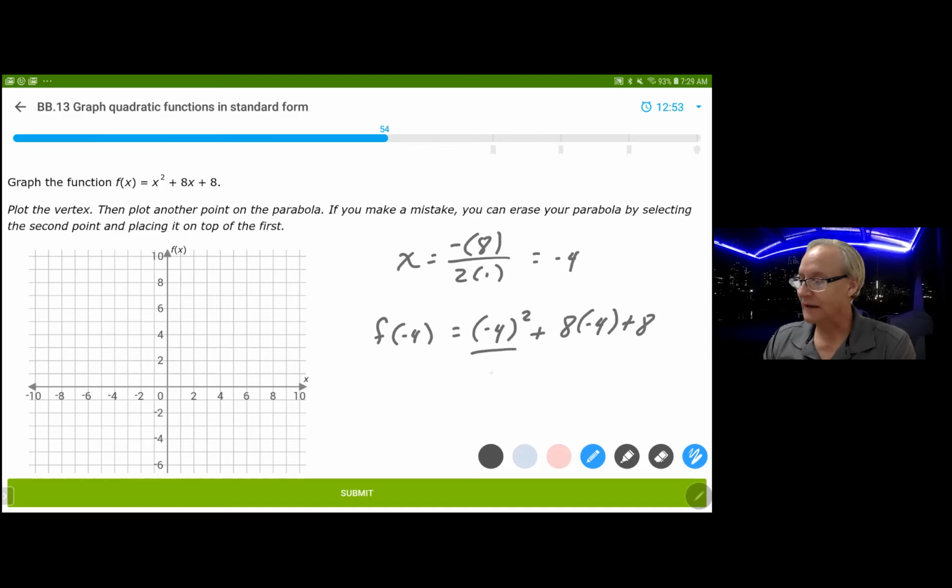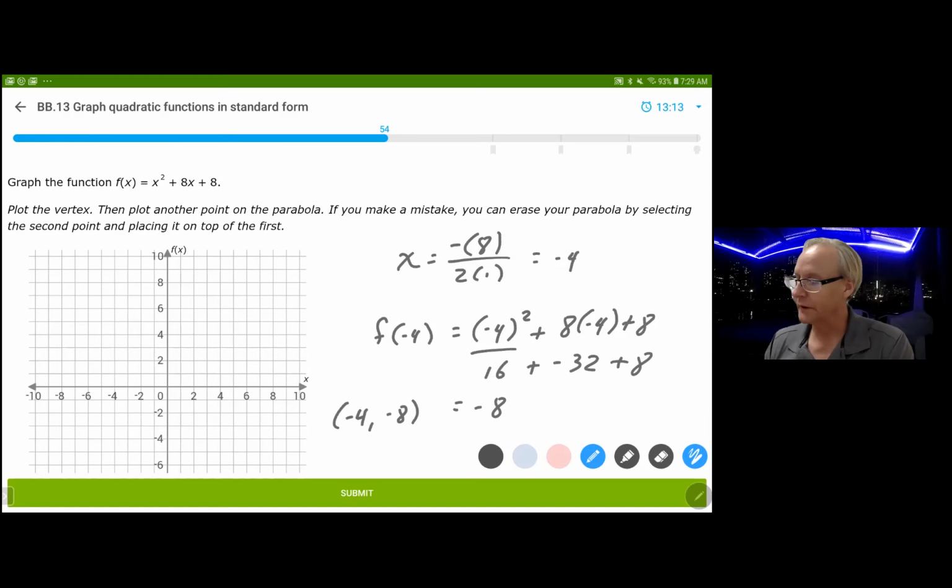That's going to be positive 16 plus negative 32 plus 8. So that's going to be negative 8, isn't it? So negative 4, negative 8 is our vertex.